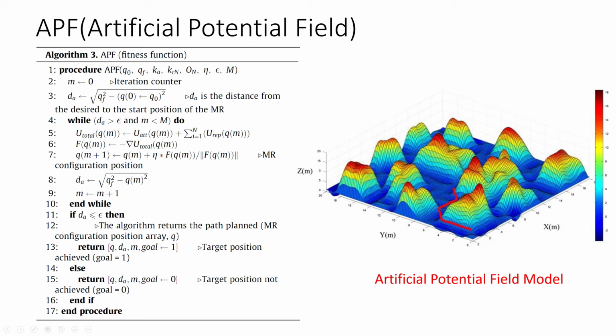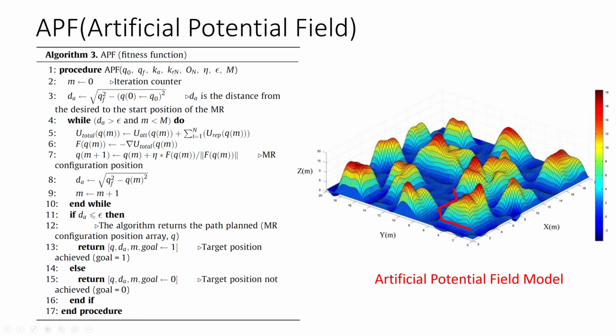It then goes from point to point, taking this picture as an example. A starting point is here, and then it follows the function and force to go forward, from here until it gets within a range that is reasonable to define as having reached the destination. These are some of the profiles of the artificial potential field.